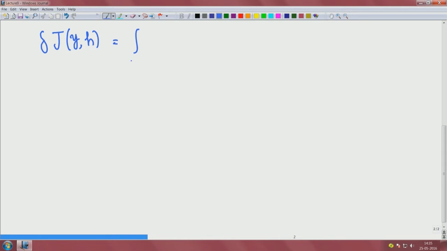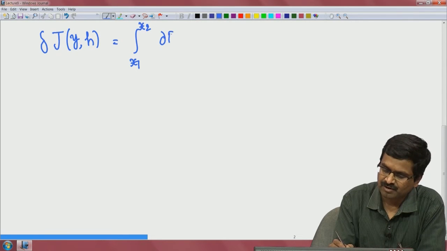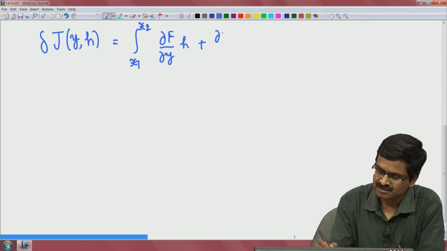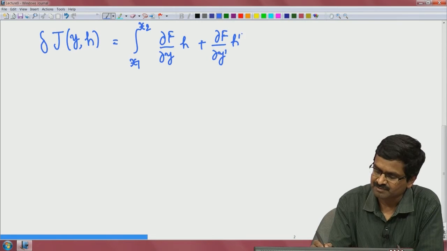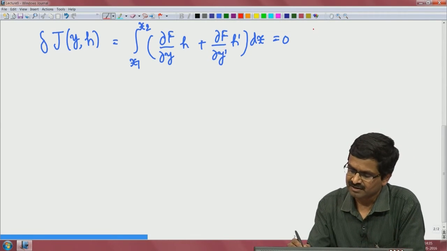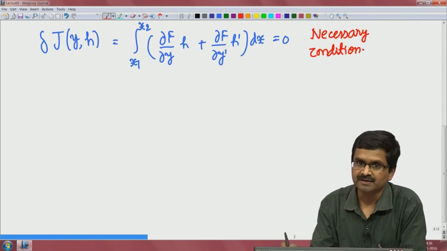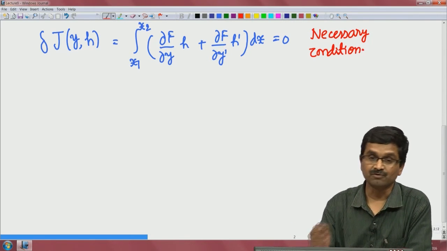What we had is the integral from x1 to x2 of ∂f/∂y times h plus ∂f/∂y′ times h′ dx, this being equal to 0 is our necessary condition.